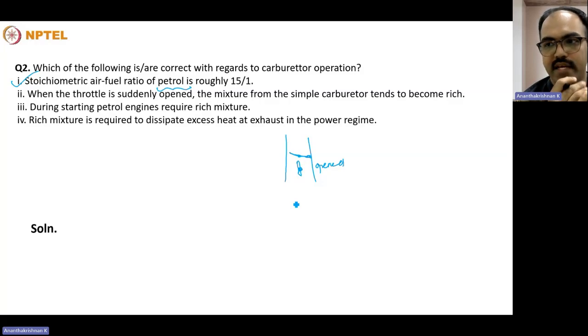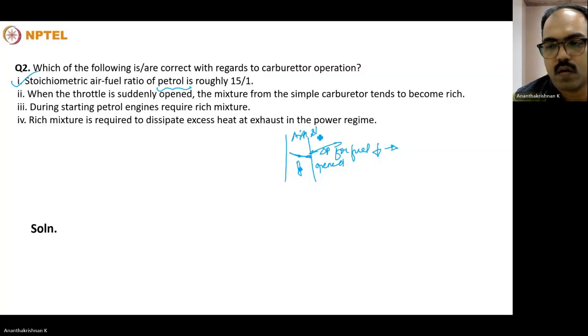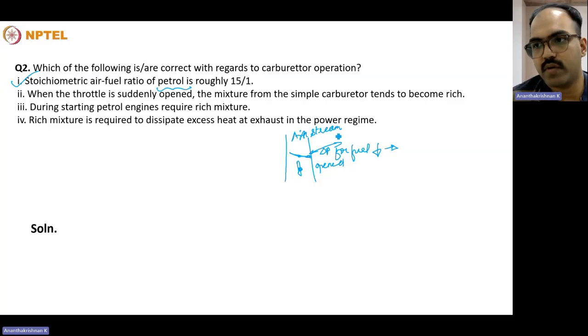So the velocity will decrease compared to the previous case. When the velocity decreases, pressure increases, and the pressure gradient delta P for the fuel will decrease. This will result in lesser fuel being injected into the airstream, resulting in a lean mixture, where the air to fuel ratio will be greater than the 15:1 stoichiometric ratio. So this is wrong. This is lean.